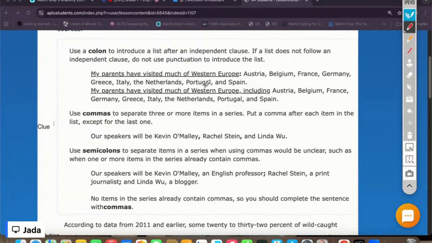So we have, my parents have visited much of Western Europe, colon, Austria, Belgium, France, Germany, Greece, Italy, the Netherlands, Portugal, and Spain. Now, my parents have visited much of Western Europe, including Austria, Belgium, and the rest of them. So if it does not follow an independent clause, you do not use punctuation to introduce the list, but you have to introduce a list after an independent clause, just like the first part. Okay.